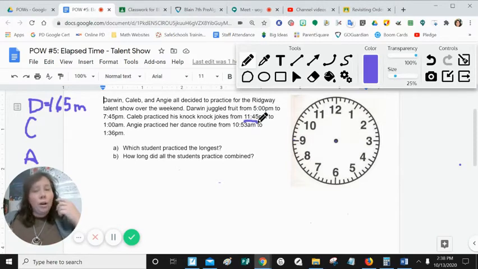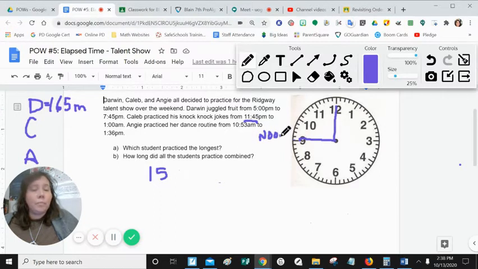When I'm starting with a time, I want to bring the time all the way up to the next hour and calculate how many minutes are from 11:45 to the hour. If I count the increments in fives, 5, 10, 15, I know that my first block of time from 11 to noon is 15 minutes.